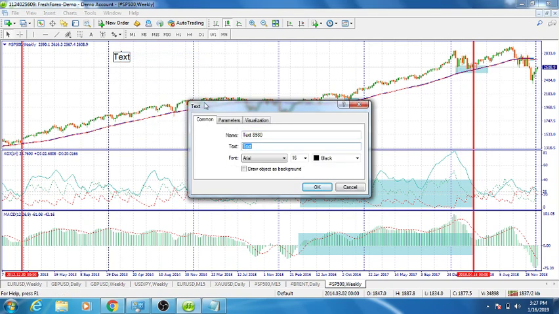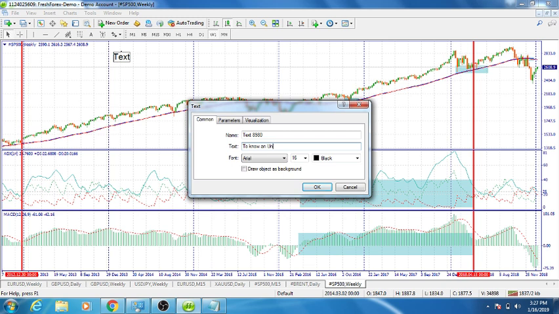So the first thing, to know the trend, to know an uptrend, we start with an uptrend.